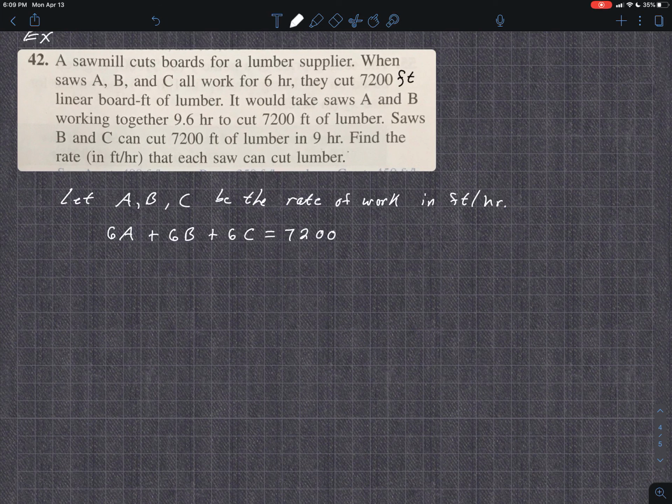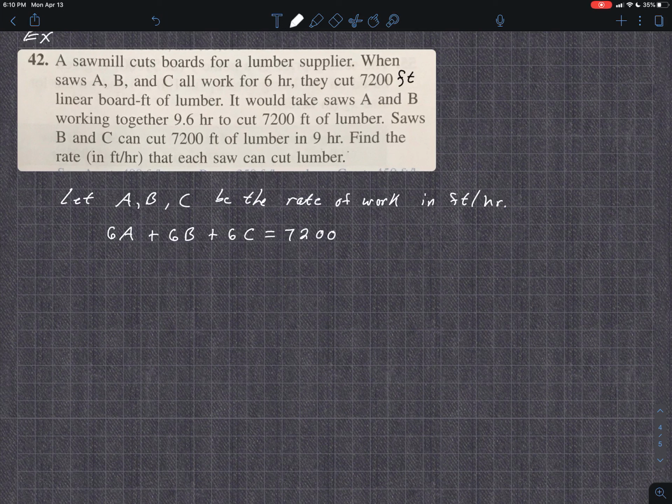All right, if you can divide out by a common factor, it should simplify a little bit. Okay, so that's if they're all working, right? So the rate of work, it takes 6 hours to do it, and you'll get that many linear feet cut.